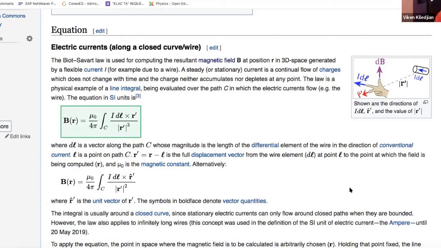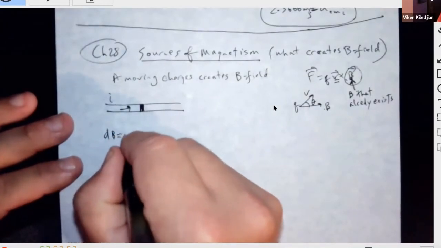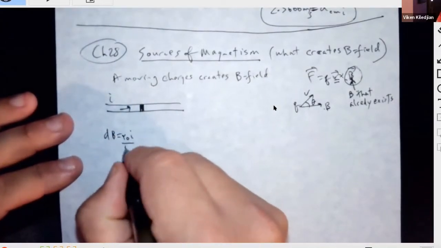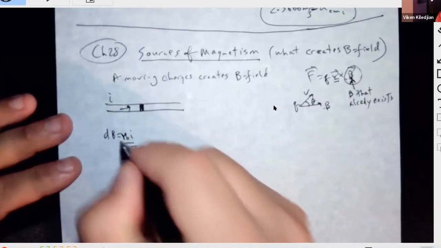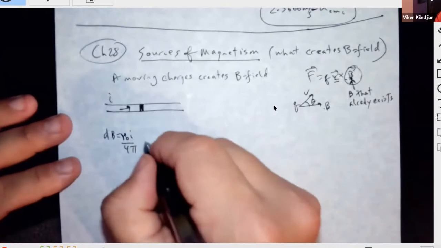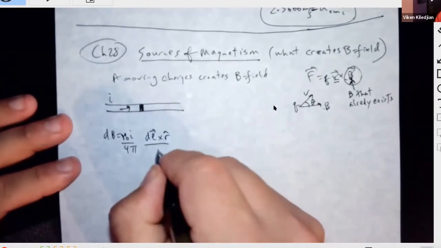So let's write it all like this. dB is equal to mu 0 I over 4 pi, dl crossed into r hat over r squared.